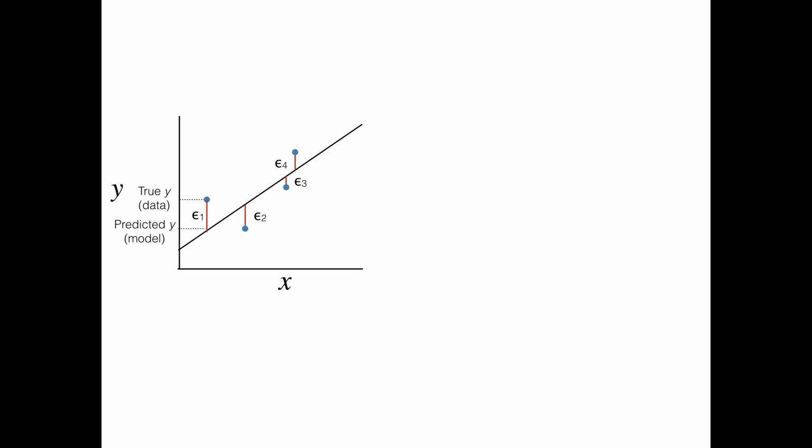Great. So stepping through this more concretely, I have here some example data plotted on an x versus y plot, highlighted with these blue dots, and I have this best fit line drawn.